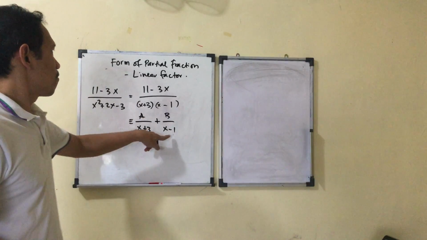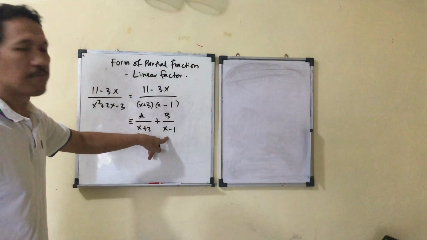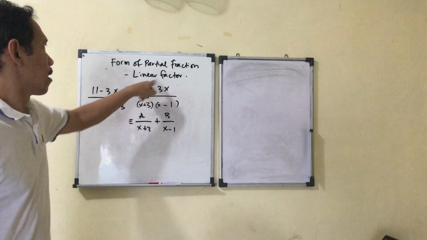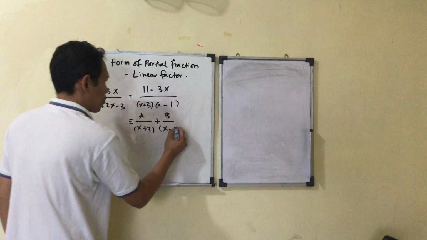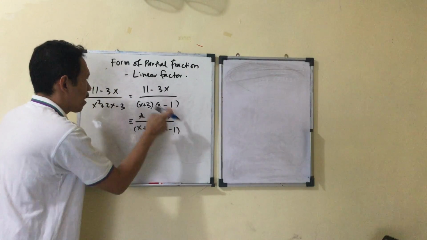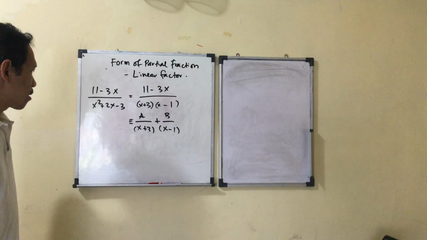So this is the form of partial fractions that we have put in linear factors. You have put that into two different forms. So what do you need to find? You need to find A and B.